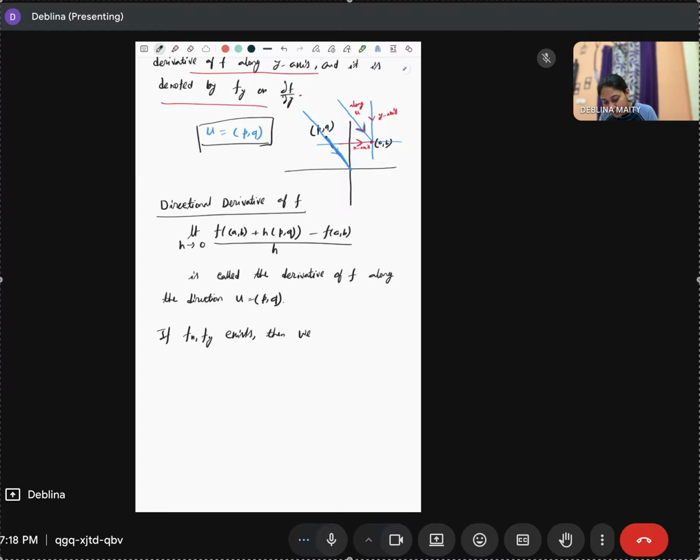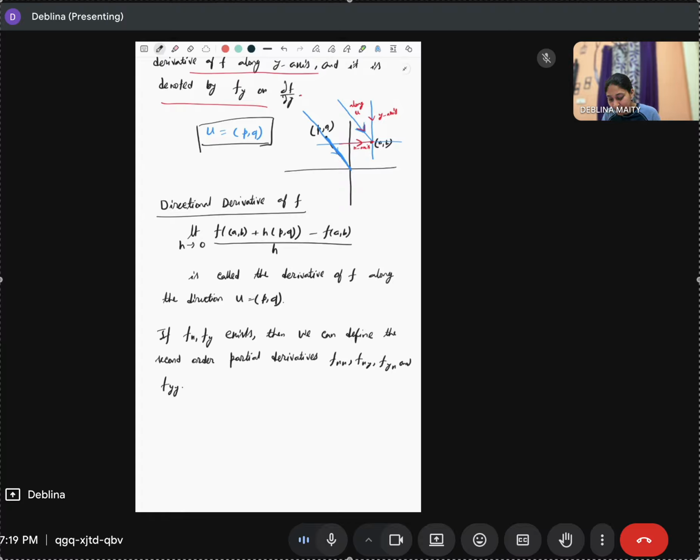Then we can define in a similar manner the second order partial derivatives fxx, fxy, fyx and fyy, right?